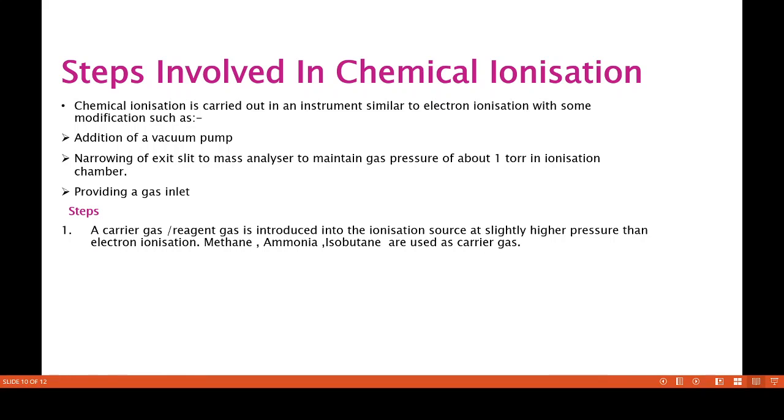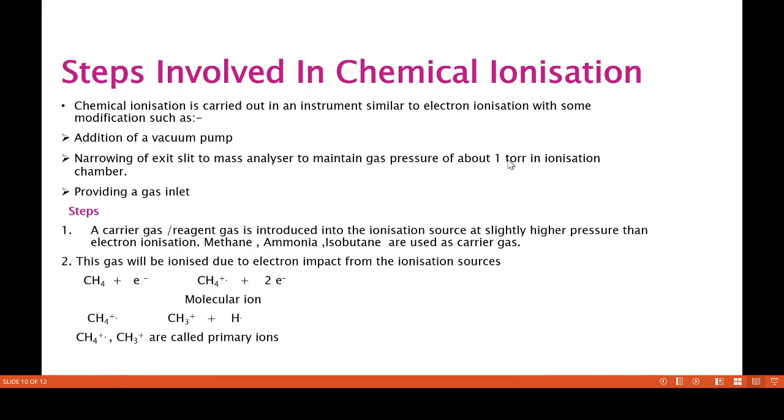In electron ionization, the pressure is 10 raised to minus 6 to 10 raised to minus 5 torr, while in chemical ionization, the pressure is 1 torr. So it is slightly higher, right?